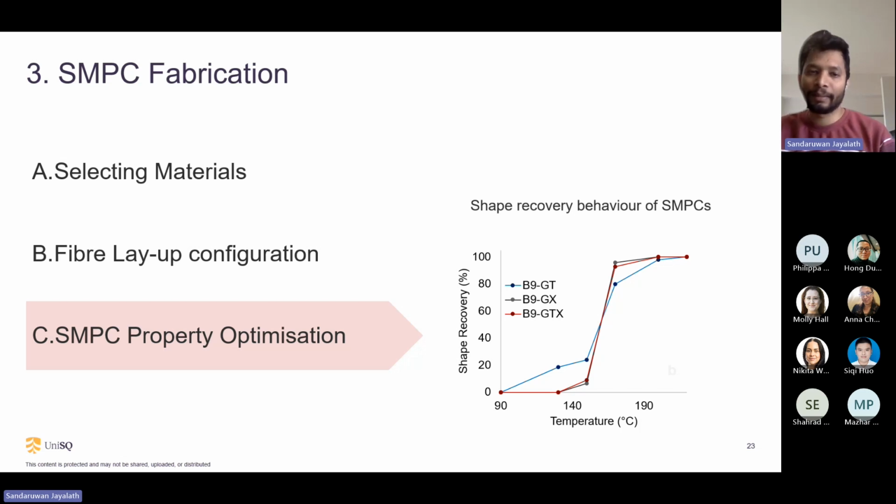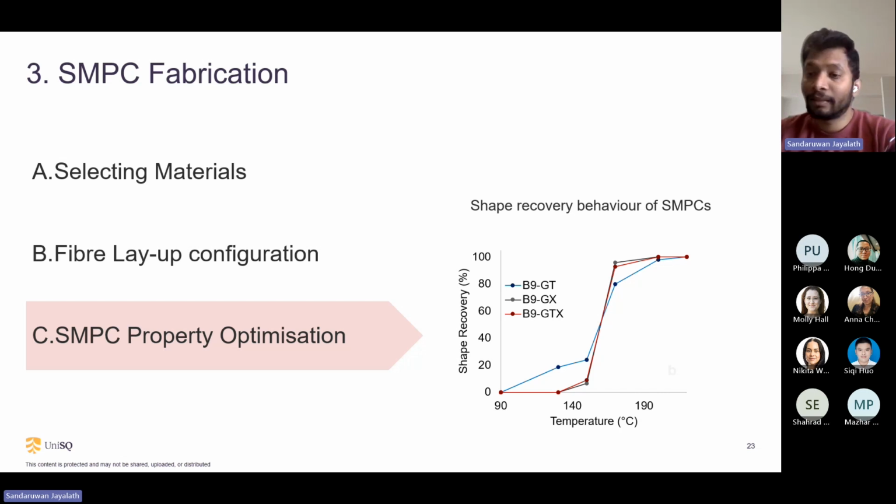Here you can see the poorest shape recovery performance is GT. So the T configuration does not assist much with shape recovery and programming. I will explain it in another slide. Give me 1 minute for that.